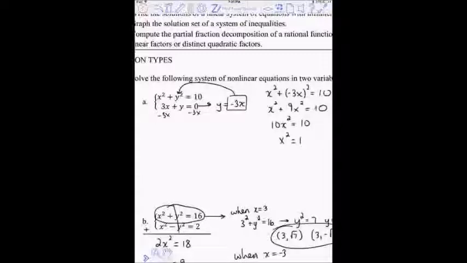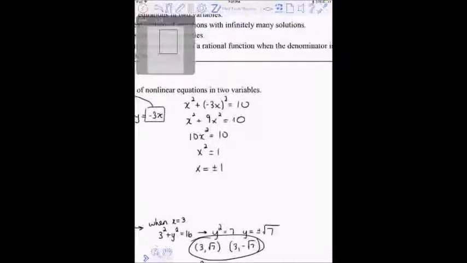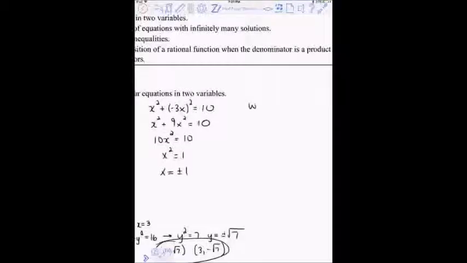If you square root both sides, you get x equals plus or minus 1. Now, when x equals 1, remember we had an equation y equals negative 3x, so now y equals negative 3 times 1, which is negative 3.